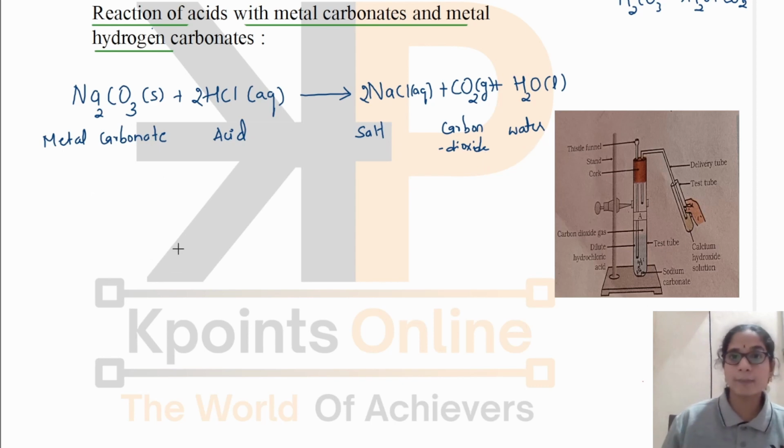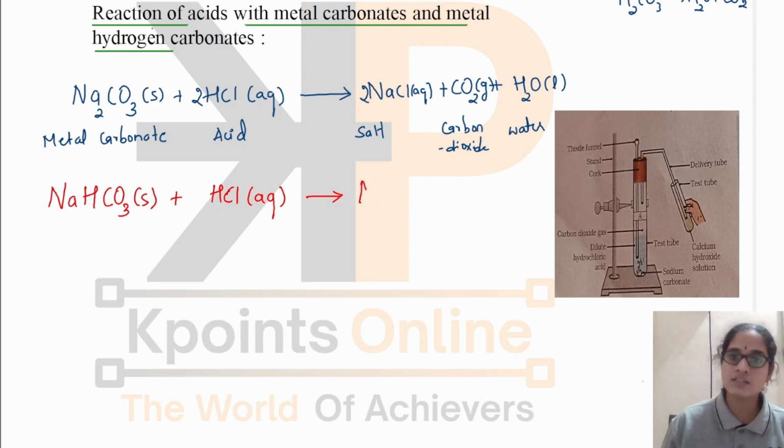Okay. What about metal hydrogen carbonate? Let us take another example, NaHCO3. It is sodium bicarbonate, that is sodium hydrogen carbonate. This reacts with acid to form again salt, carbon dioxide plus water. You can see in both reactions the products formed are the same. The only difference is the amount of hydrochloric acid that is consumed.